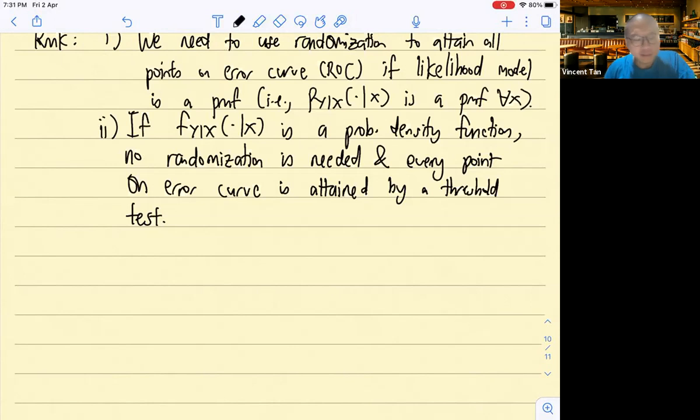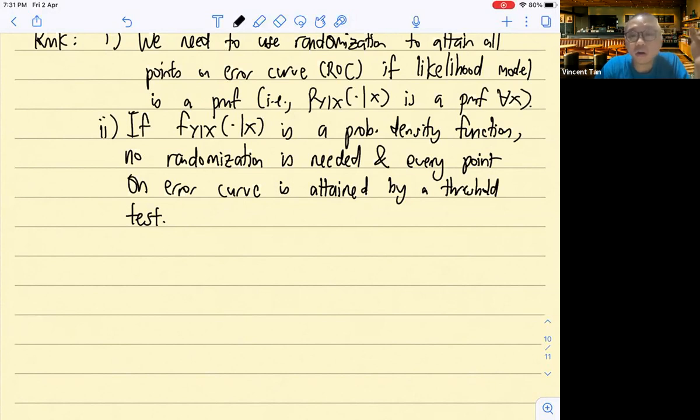This is a general principle: the more resources we have, the better we can do. If I give you more resources, you can only do better. If I give you a coin versus I don't give you a coin, you can do better if you have a coin of the right bias.